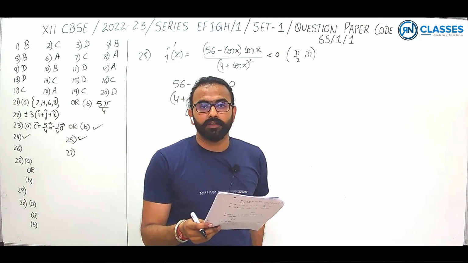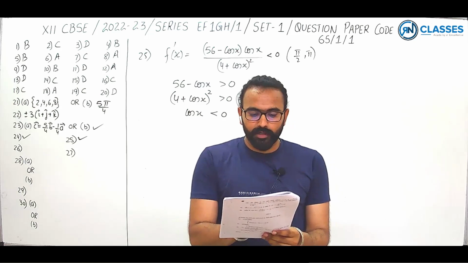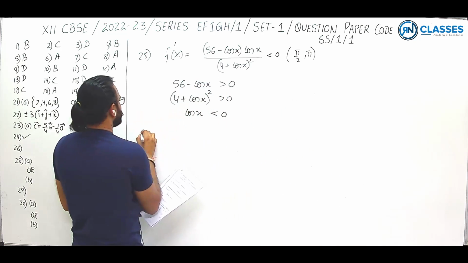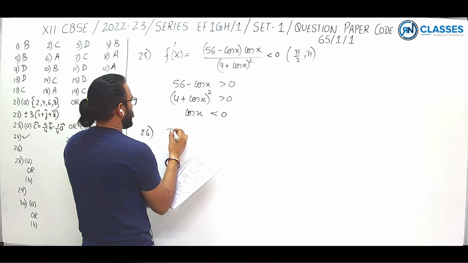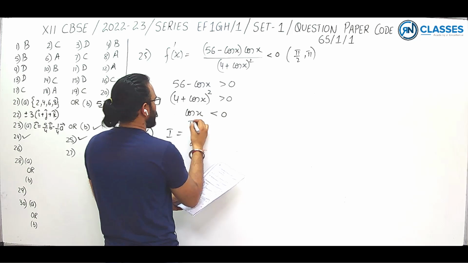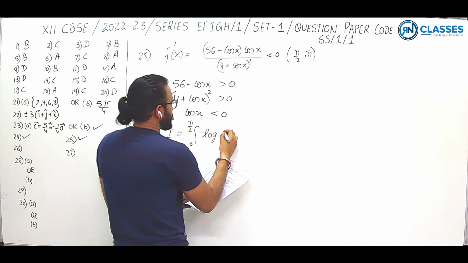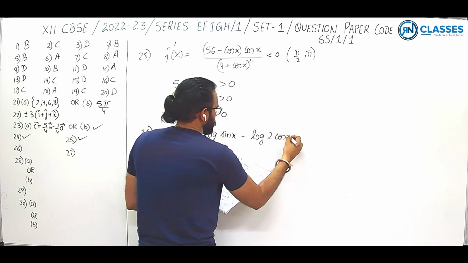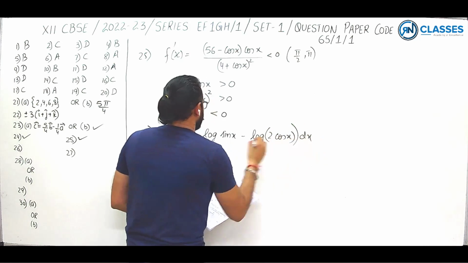Evaluate this integral. इस integral को evaluate करने के लिए अगर आप ध्यान दो, this is, let this be I, this is equal to integration from 0 to pi by 2 log of sin x minus log of 2 cos x dx.